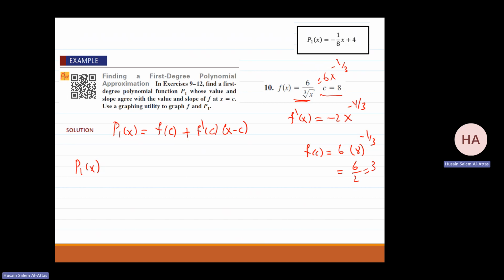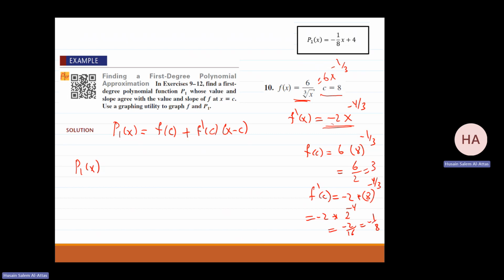Okay, leave it. Now f prime at c will be what? f prime at c, I will substitute here. So that will be minus 2 times 8 to the power minus 4 over 3. That will be minus 2 times cube root of 8 is 2, 2 to the power minus 4. So I have minus 2 over 16, which is minus 1 over 8.